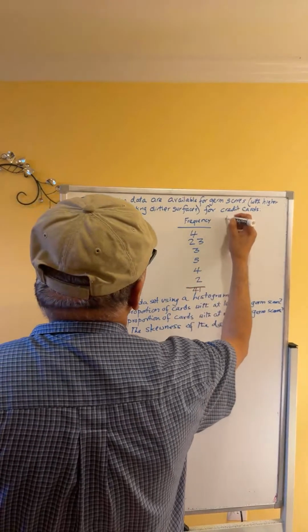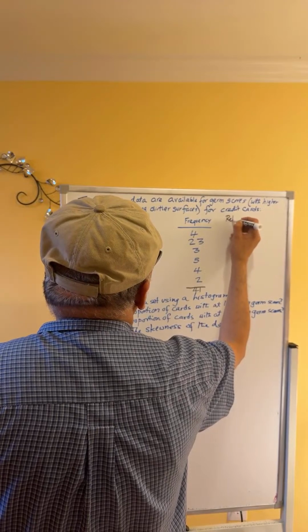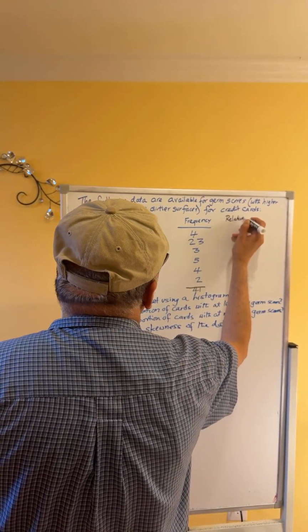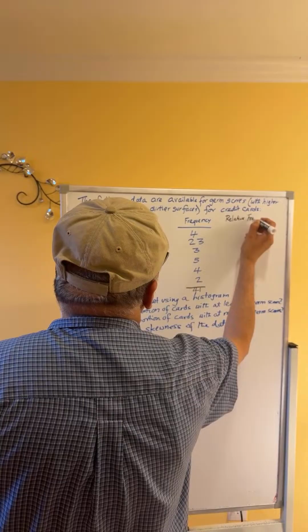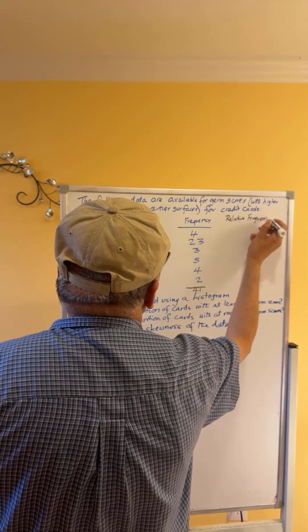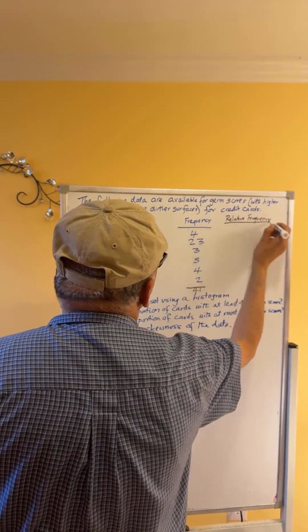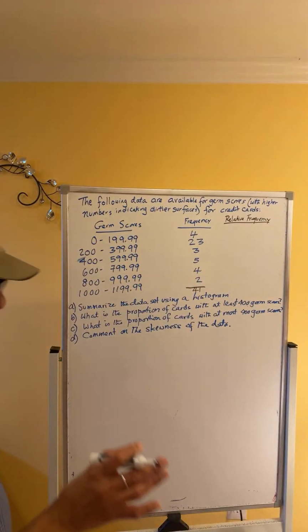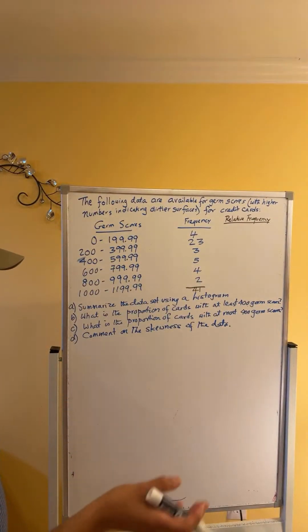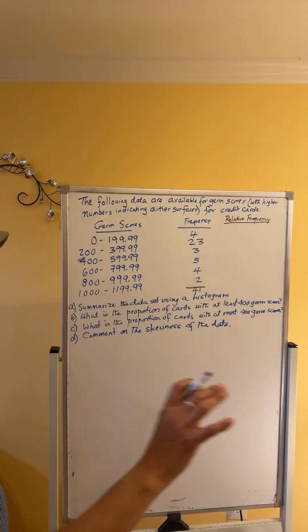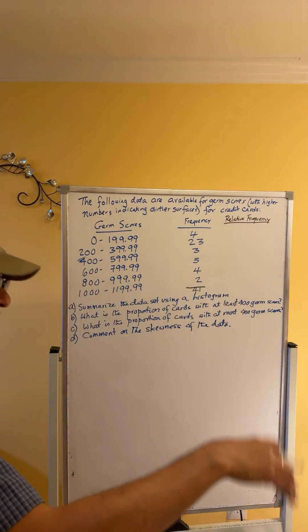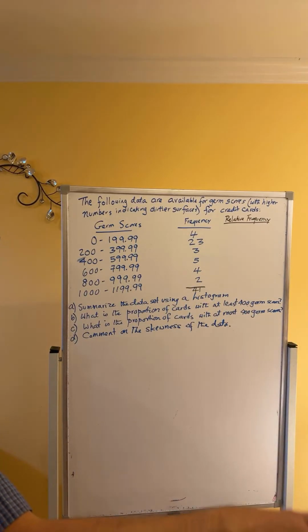Next we will make a new column of relative frequency. The term relative means relative to the total. What is the relative frequency? That means frequency in each class relative to the total.